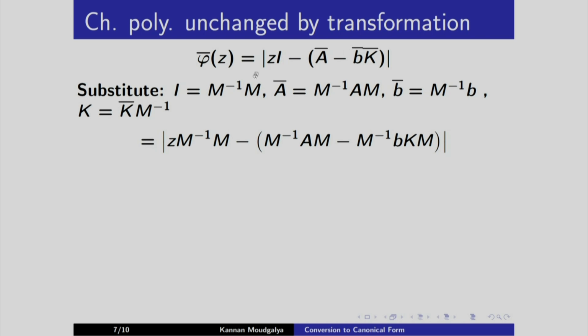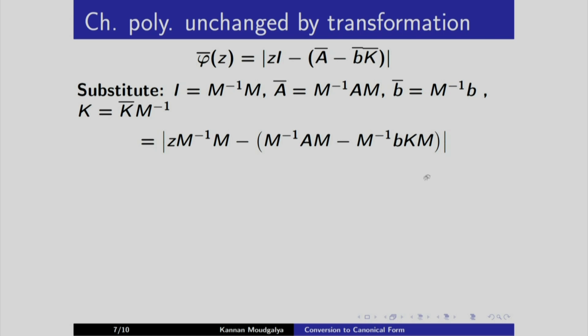So let me substitute here. In the place of I put m inverse m, in the place of a bar I put m inverse am, in the place of b bar I put m inverse b, in the place of k bar I put k post multiplied by m.